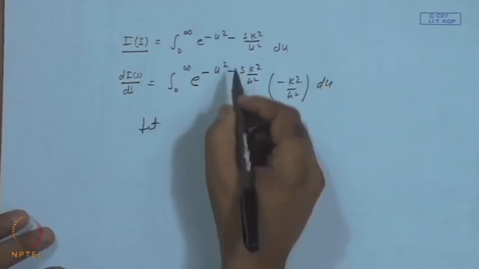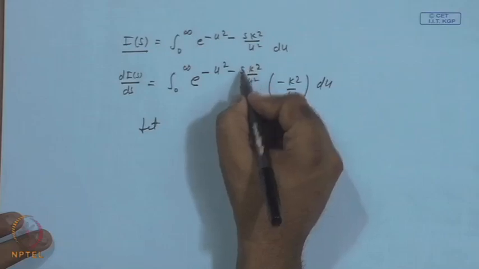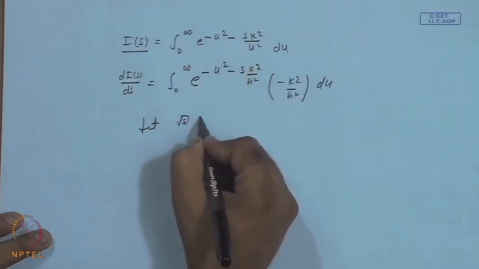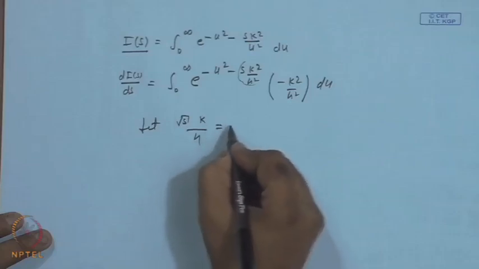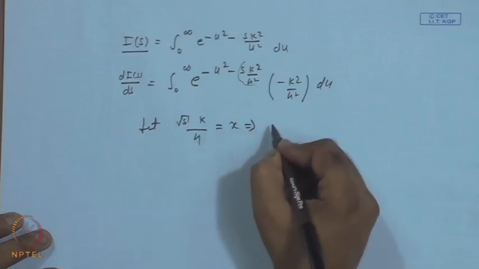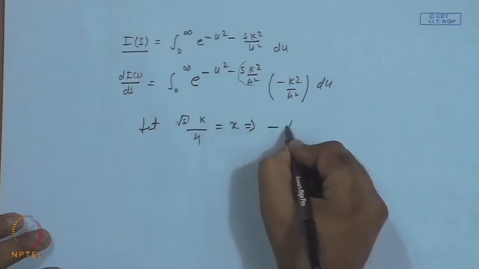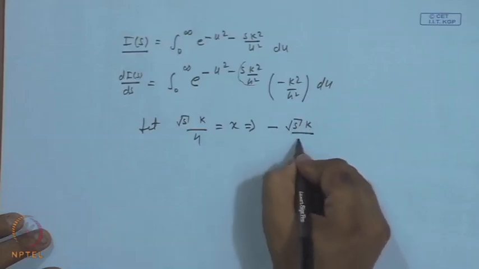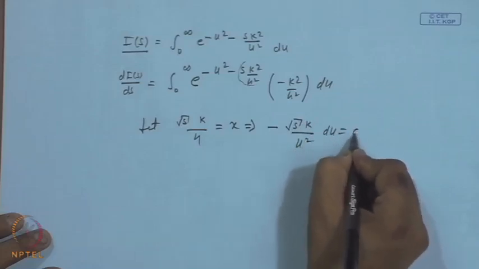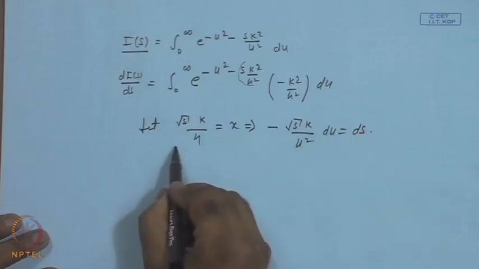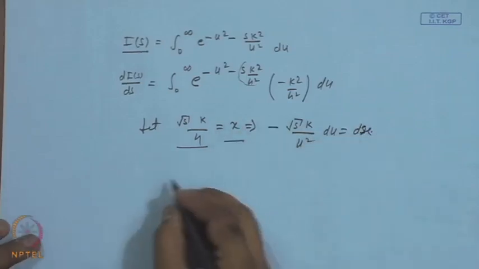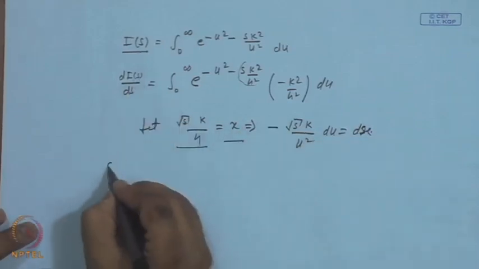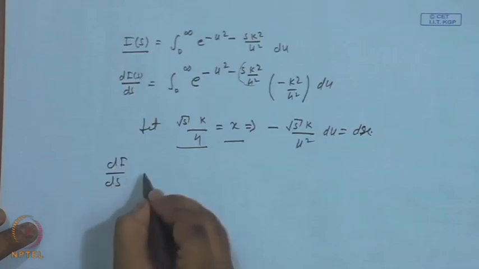Now to simplify this, we let x be square root s k over u, so that we want to make a square, that is minus square root s k over u, and du is dx after differentiating.